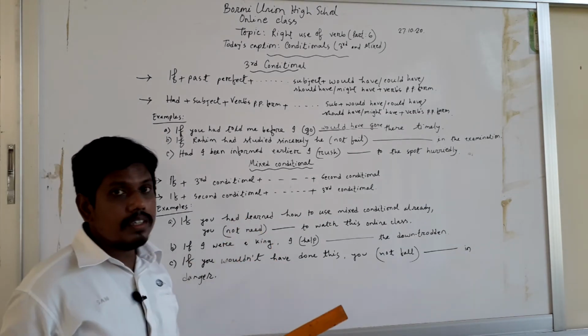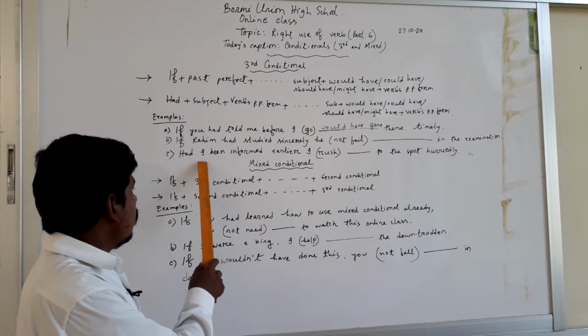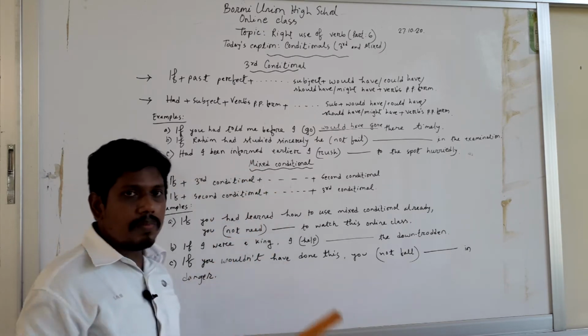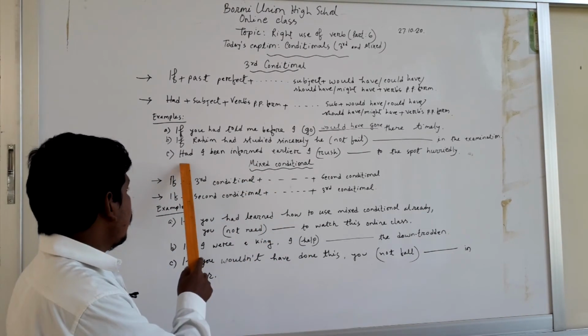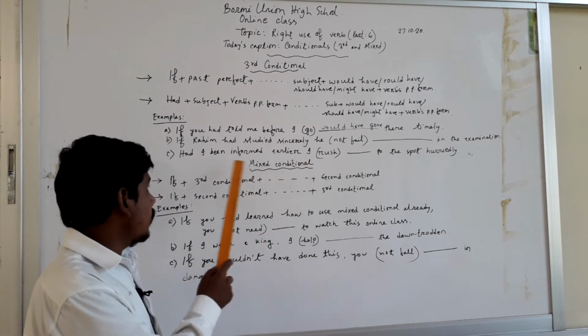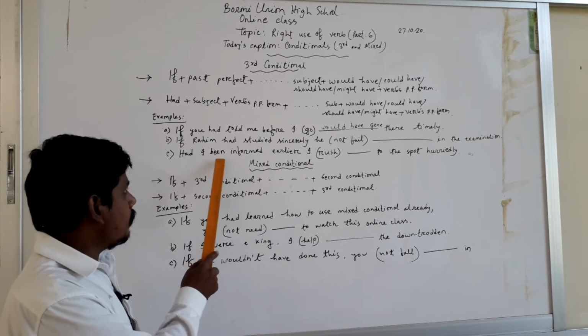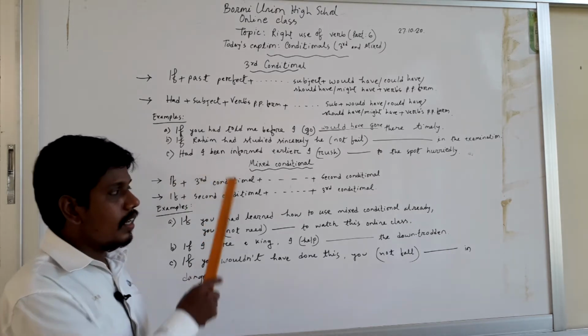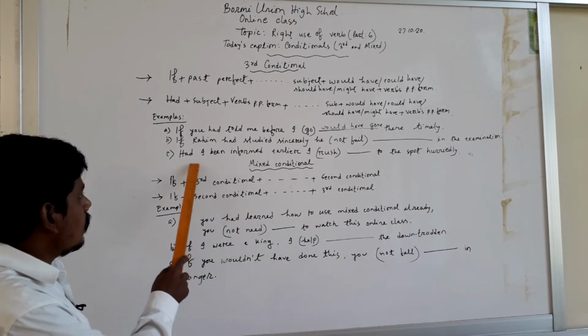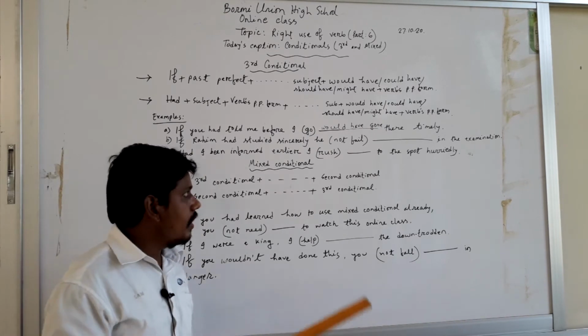And you notice this part fulfills the demand of past perfect tense. Had I been informed earlier, had and I subject, had auxiliary verb, and been is the verb's past participle form, and this is why you have to consider it as third conditional.